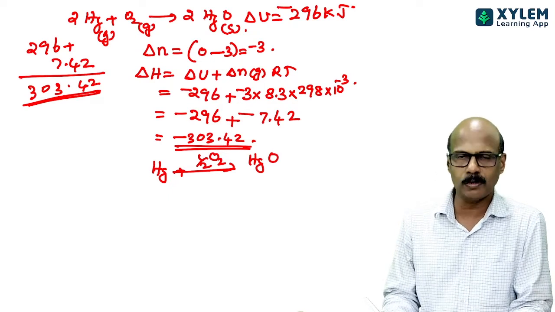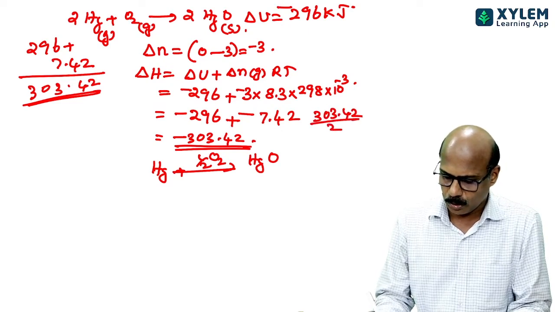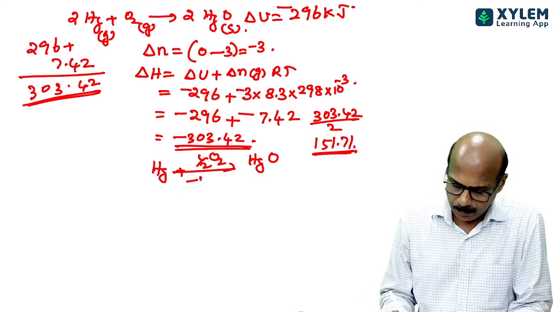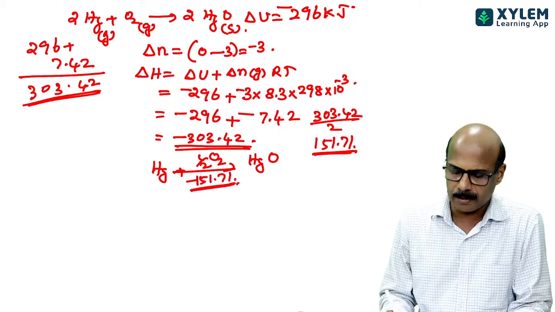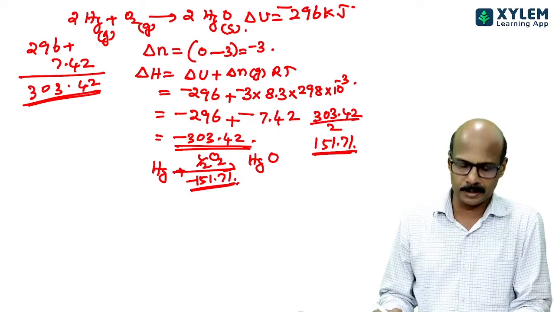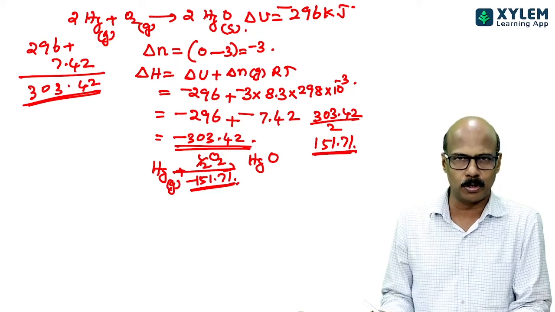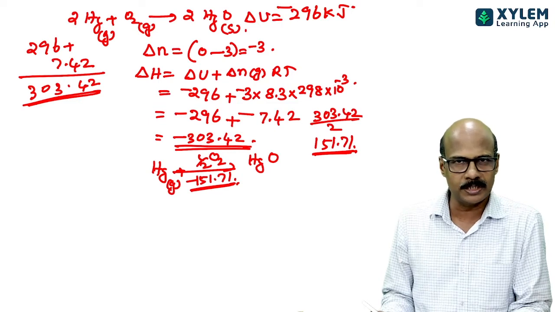No doubt it will be half of 303.42. That means 151.71. Am I right? So minus 151.71 will be the enthalpy during this process. This process means mercury vapor burned to produce mercuric oxide solid. The delta H is minus 151.71.